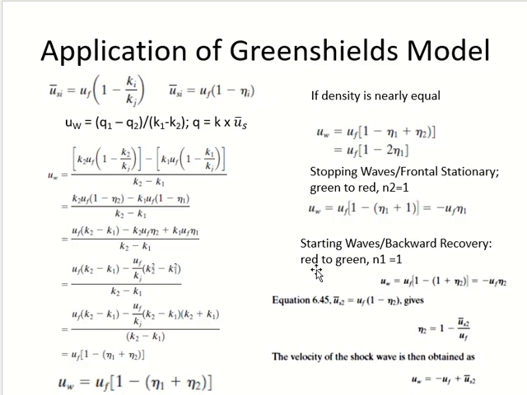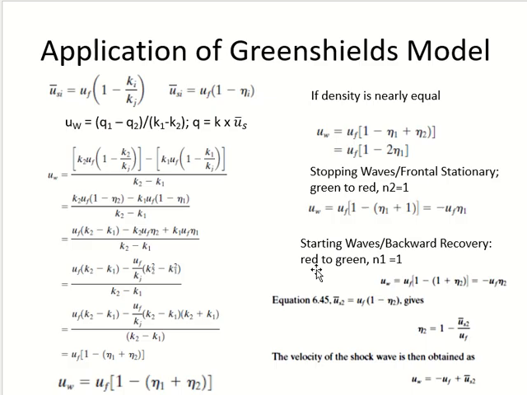Clear or not? Any problem? So you can see here k2 minus k1, k2 minus k1, k2 minus k1. Gone. So what do we have here? If you cancel all of them, what will you get?